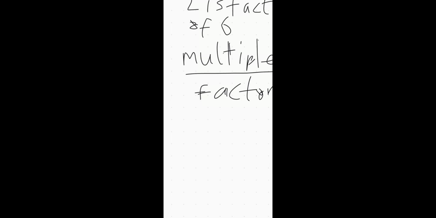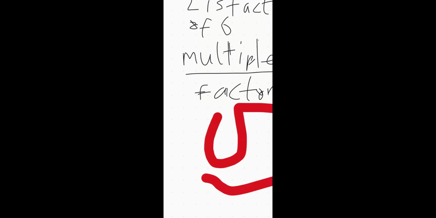Okay, so let's start with even numbers. Let's see if we can find prime numbers among even numbers. So what's the first even number that you know? 2. Excellent.